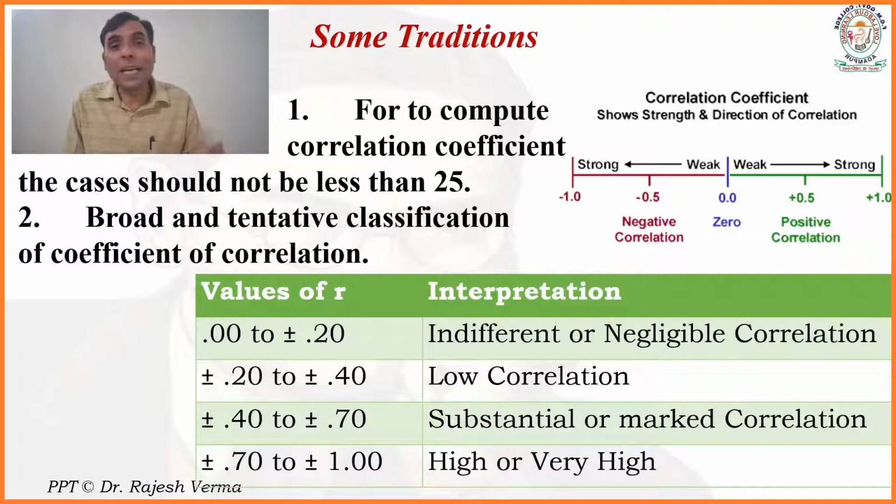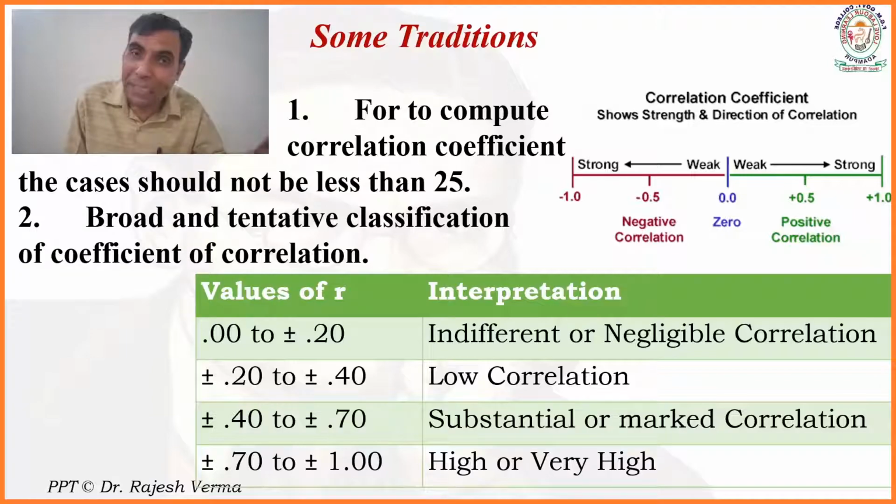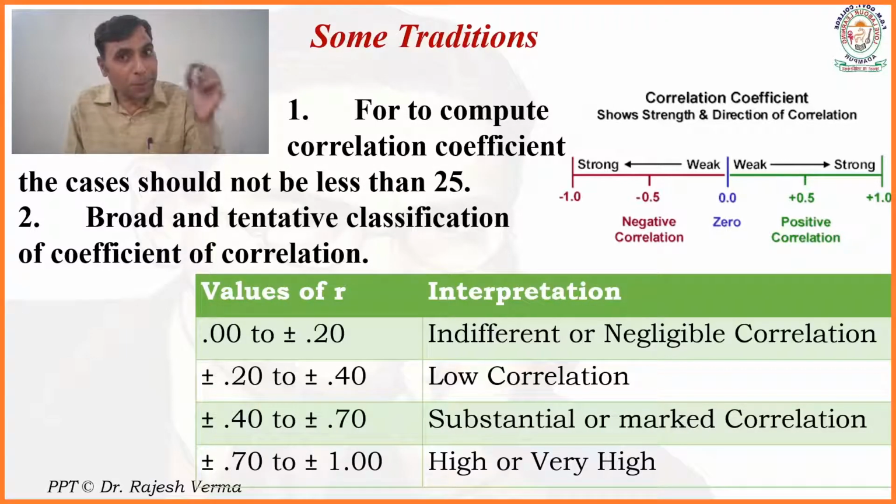To compute a correlation, whether it is the Pearson method or the Spearman method, there must be at least 25 observations. If the data set or the sample size n is less than 25, it is not appropriate to use the correlation coefficient.